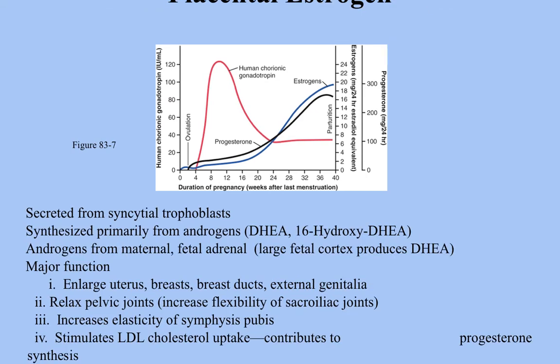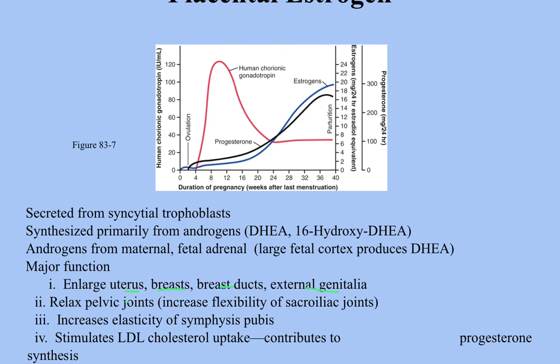All right, some of the purposes of these steroid hormones coming from the fetus is to enlarge the uterus, make it bigger, make it able to fit the growing embryo and fetus, increase the size of the breast and the breast ducts in order for milk production to eventually get to the point where it needs to by the time parturition occurs, and enlarging the external genitalia as well to prepare for birthing a child through those canals which aren't big enough to birth a child.